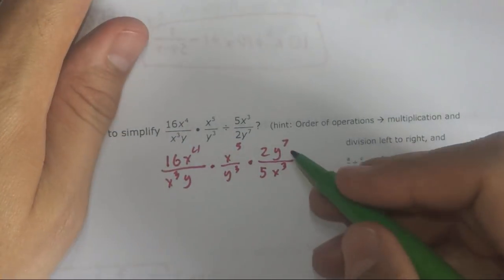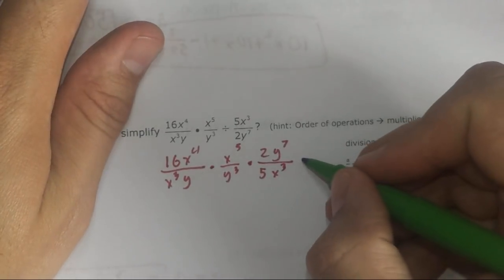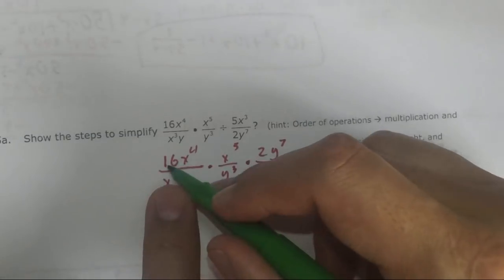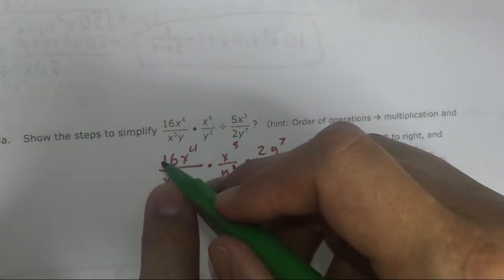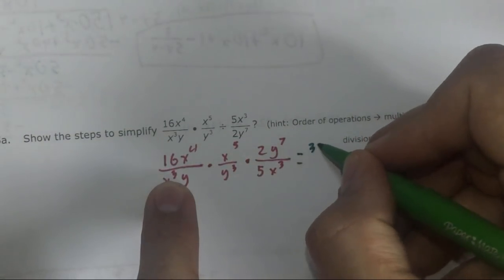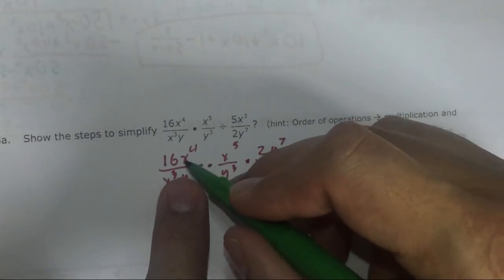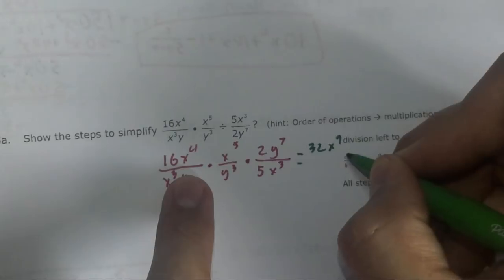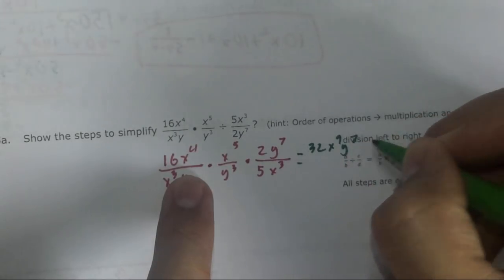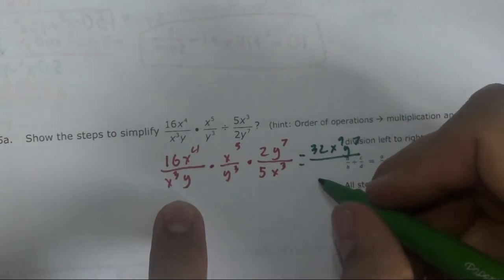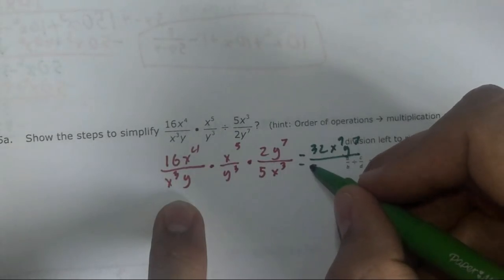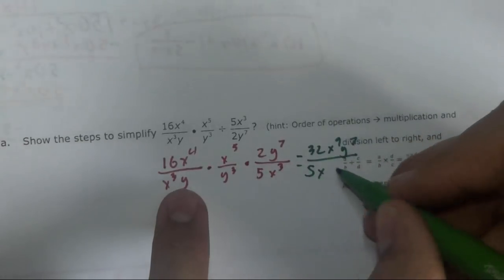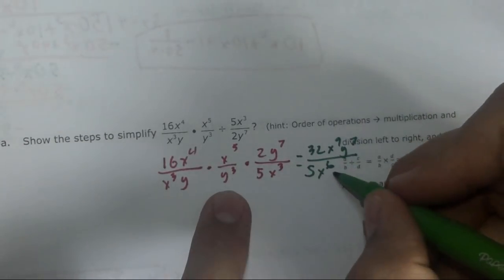If you wanted to, I'm actually going to work this two ways. You can multiply all these across. 16 times 2, 32, x times x to the fifth, x to the ninth, y to the seventh. What is this? 5, x to 3 and 3 is 6.